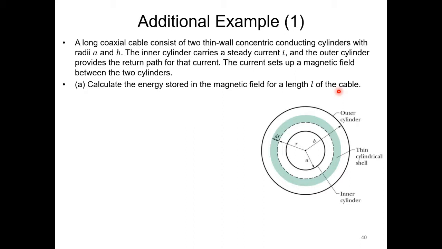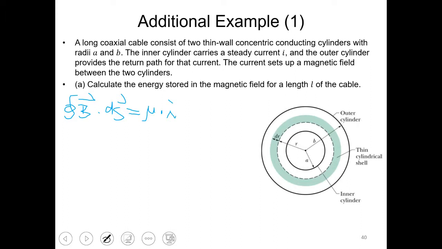So we use Ampere's law. The line integral of B ds equals mu 0 I. And the Ampere's loop is, I think, this one. So for this circle, we have B times 2 pi r.